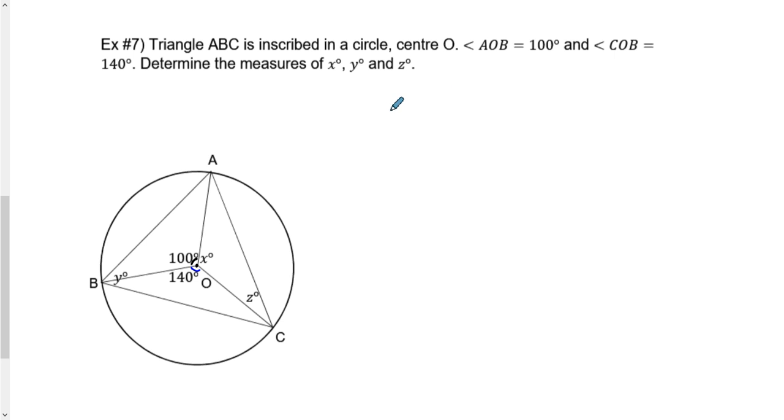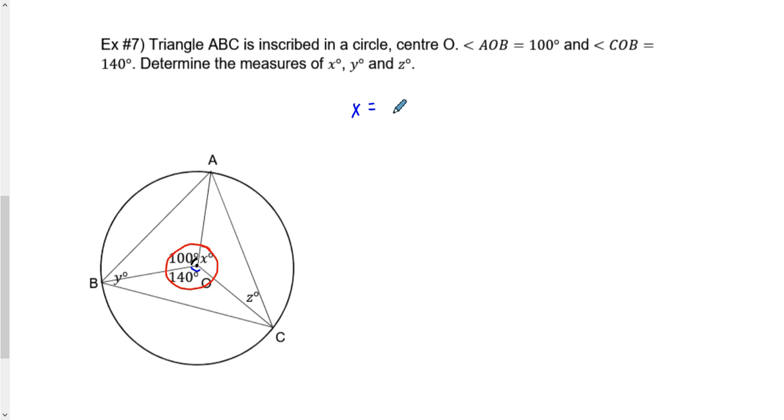So let's do a few things here. The beautiful thing is we can find out angle X pretty nicely. Angle Z and angle Y would be a little more difficult to try and solve right now. The reason we can solve for X so nicely is because we have a circle right here. That is all one circle.